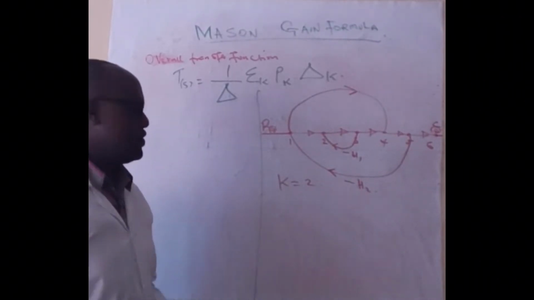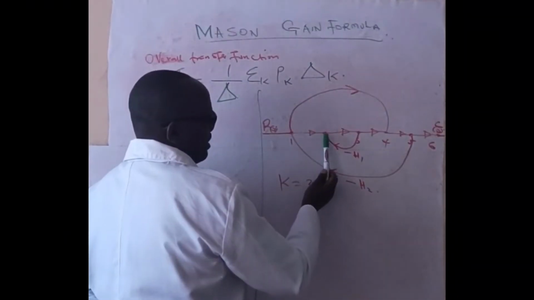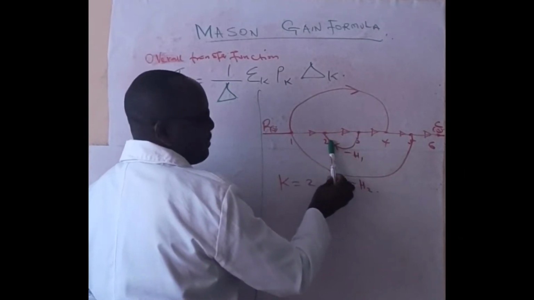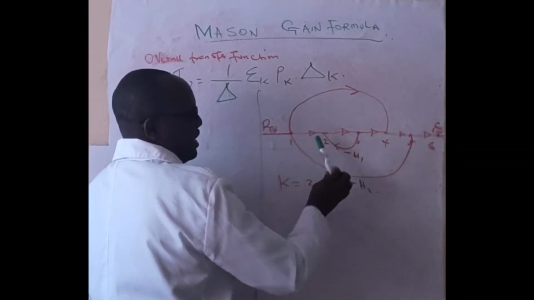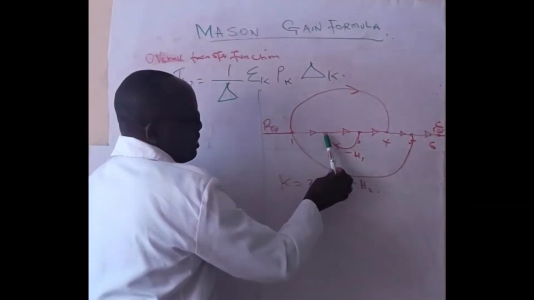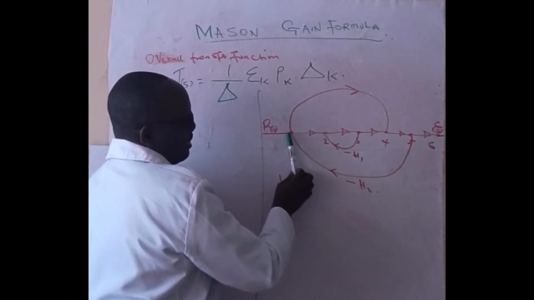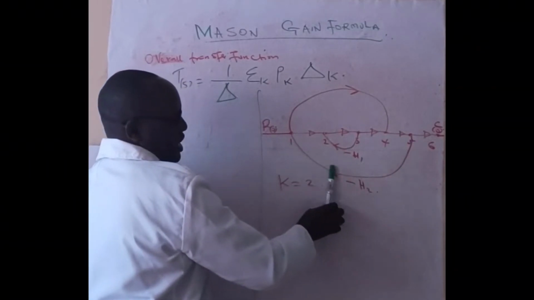Then also we are supposed to be able to tell the loops. So the loops, like for example, we have this. This is the forward path, and then this one is the feedback. So it has the forward, and then it has the feedback. So these ones form a loop. We have also this one. This one happens to be the forward path, and then this one is the feedback.